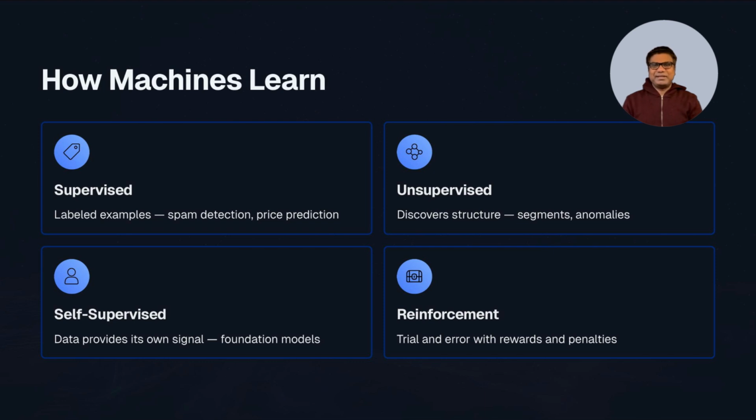In self-supervised learning, the data itself provides the training signal, which has become very important for language and vision foundation models. In reinforcement learning, an agent learns through trial and error by receiving rewards or penalties from an environment. Each of these paradigms has different strengths, data requirements, cost structures, and operational challenges, but together they form the core learning patterns behind most AI systems used today.